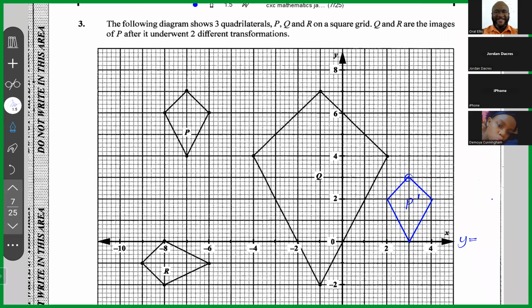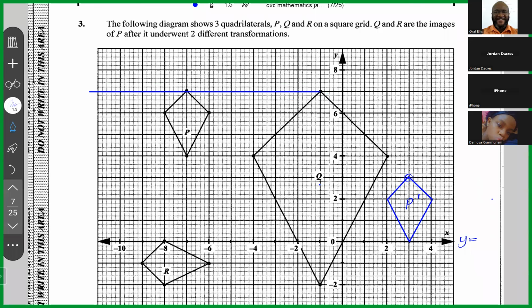In an enlargement, a line connecting corresponding points on the object and image always passes through the center of enlargement. So to identify the center, I'm going to draw a straight line through corresponding points on the object and on the image. Corresponding means that they are points in the same position.